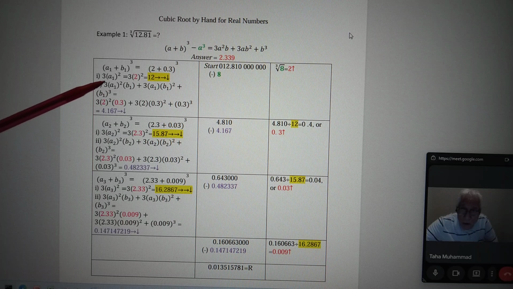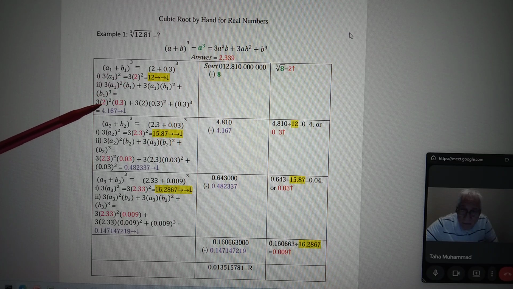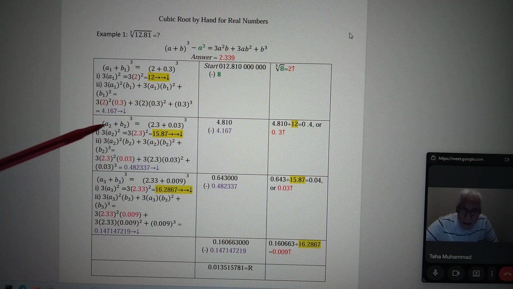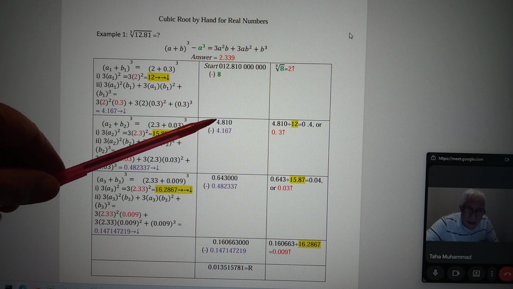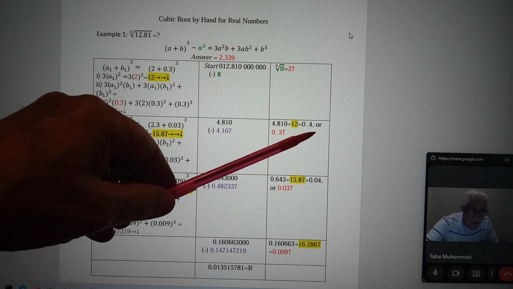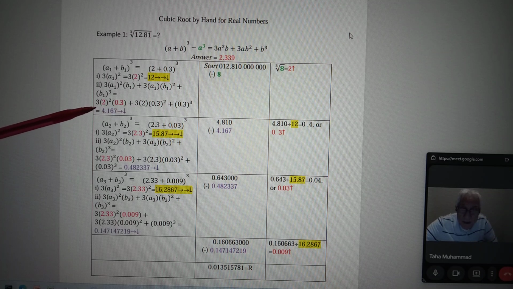The a value I know, it is 2. But when I put 4, it becomes a number here more than this. Then I will ignore 0.4 and go to 0.3. I put 0.3 here. Did you get what I mean here?